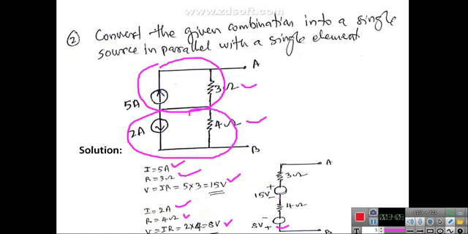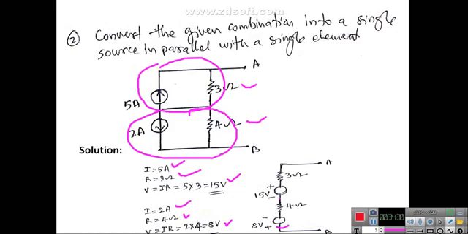Then look into this network. Now these two voltage sources are connected in series, as well as the resistances are connected in series. As per the note, we need to check whether dissimilar or similar polarities are connected in these two sources. Here it is minus, and this is also minus. So similar terminals of the sources are connected.